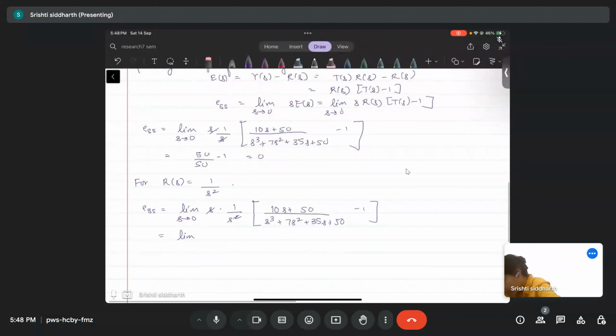We cannot calculate this because the limit does not exist.